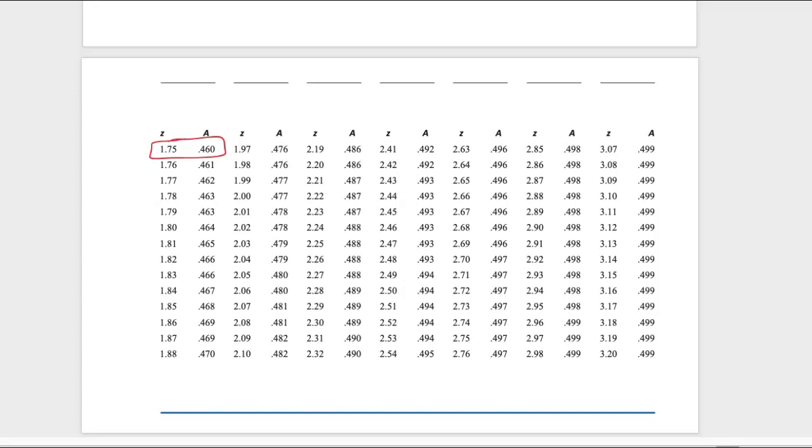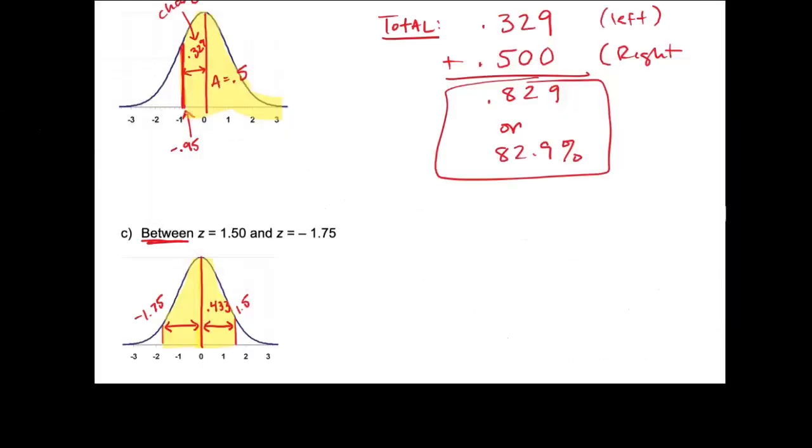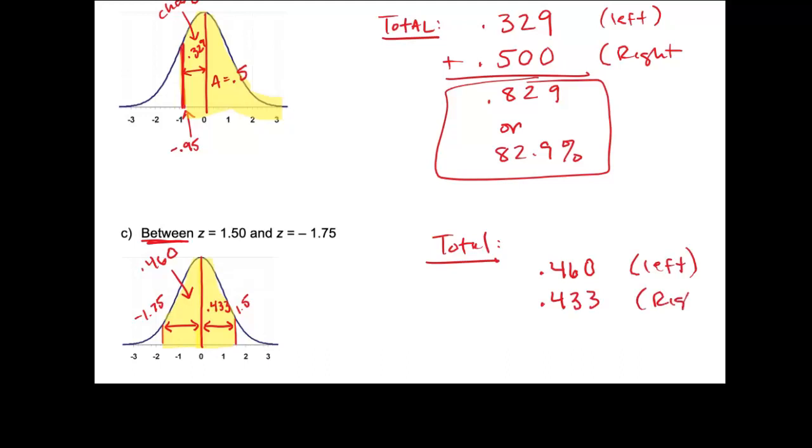So I'm going to go back to my problem and label this left-hand side 0.460. So the total area is just going to be 0.460, that's the left-hand side of the picture, and then 0.433, which would be the right-hand side.